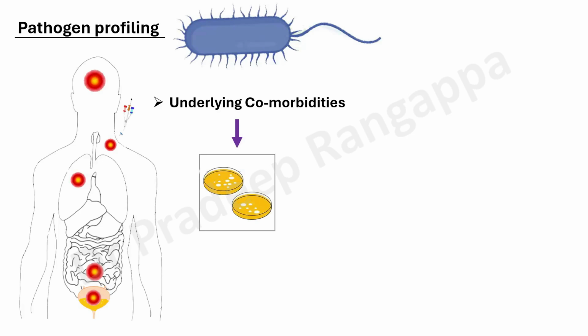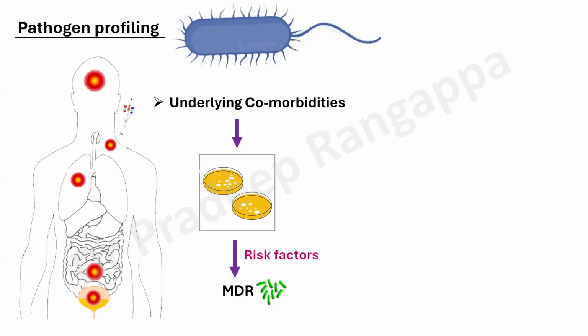So each center may have certain prevailing bugs which are more common, and the type of resistance patterns are hugely variable with regards to different institutes and different geographical regions someone may be working in.